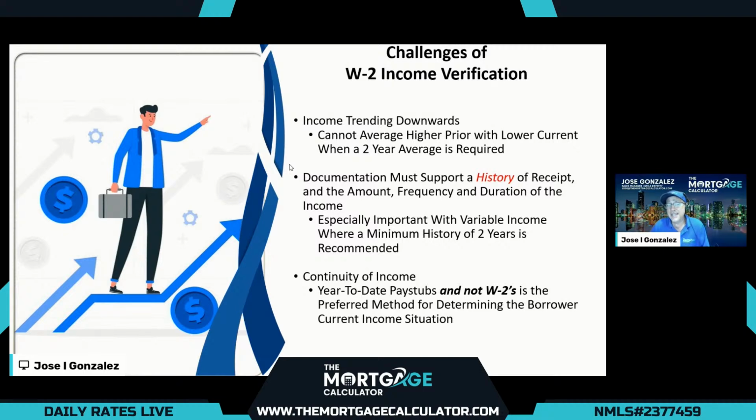You don't really average the 2022 and 2023 W-2 income along with the pay stubs for the current year to date, because the current year-to-date pay stubs are what's really going to determine our borrower's current income situation. However, I will state there's an exception to this where you average out the prior 2 years' W-2s and do not use the year-to-date pay stubs.